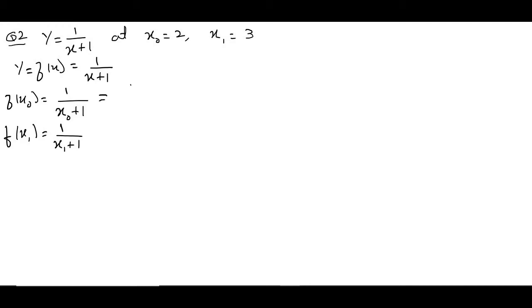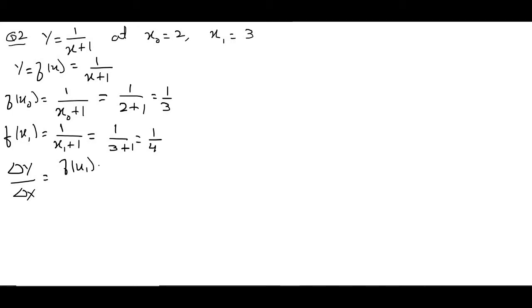So we can write it as f of x naught is 1 over 2 plus 1, which is equal to 1 over 3. We have directly put the value, and here f of x1 is 1 over 3 plus 1, which is equal to 1 over 4. Now we are going to put these values in the formula. First of all, the formula is delta y by delta x is equal to f of x1 minus f of x naught whole divided by x1 minus x naught.